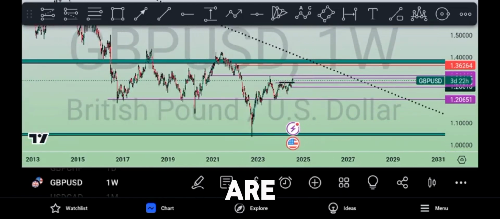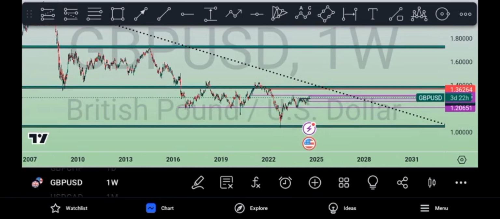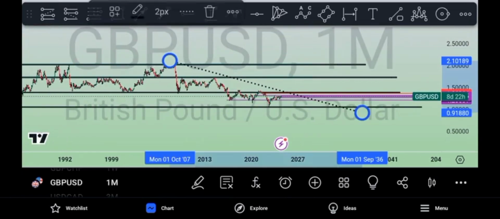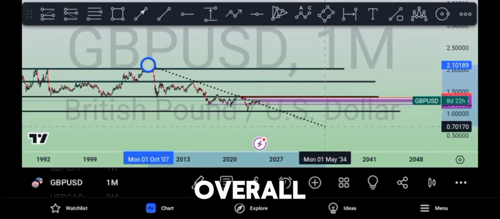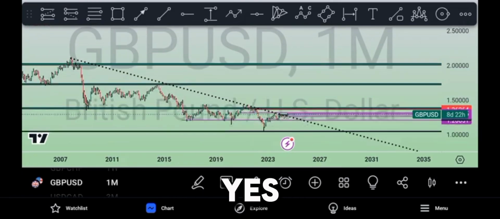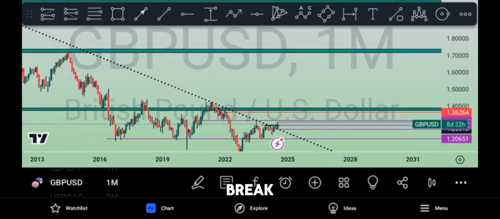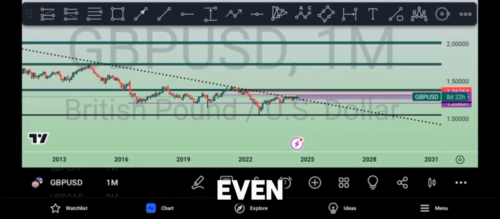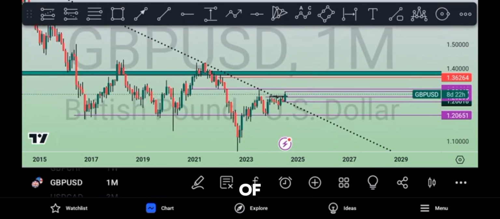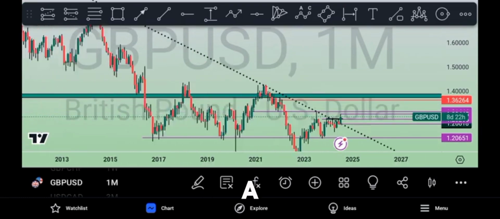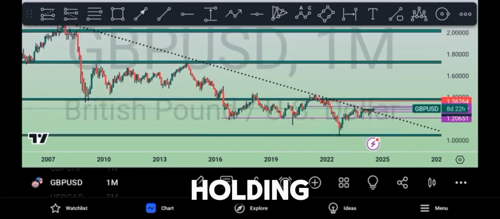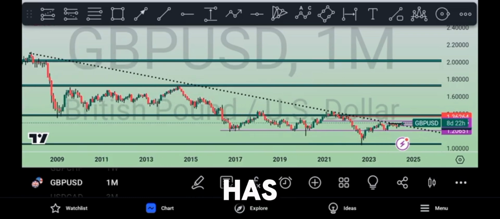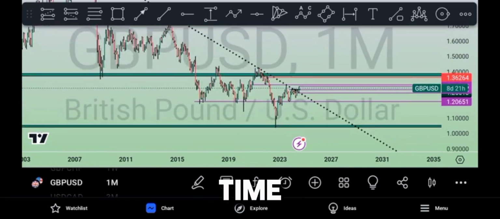And why do I say we are short time bullish? Because, oh, we have even broken out of the trend line. So basically we are not even short time bullish. The market has broken out of a trend line, which has been holding this market for the longest time.